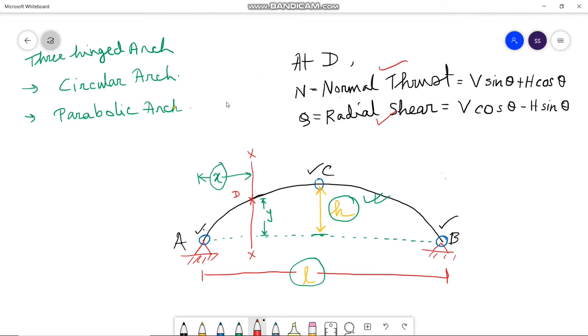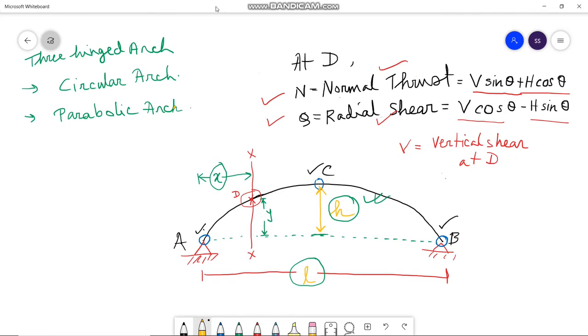Here we have taken an arbitrary point D, and at point D we will calculate the normal thrust N and radial shear Q. As per the formula, N equals V sin theta plus H cos theta, and Q, the radial shear, equals V cos theta minus H sin theta, where V is the vertical shear at point D. Again I am reminding, N is the normal thrust at point D, and Q is the radial shear at point D.